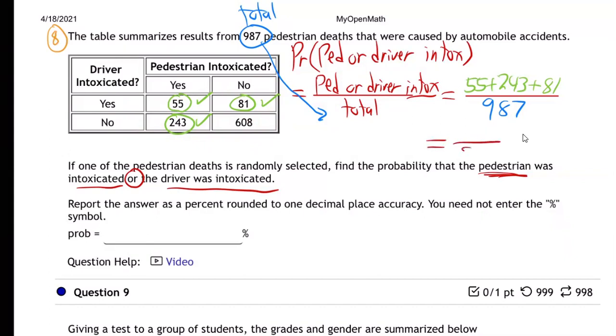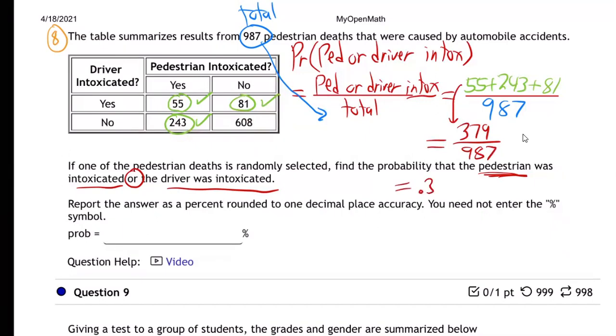I'm going to add those numbers on the top. Getting 379. All those add up to 379, and then just divide those on your calculator by 987.